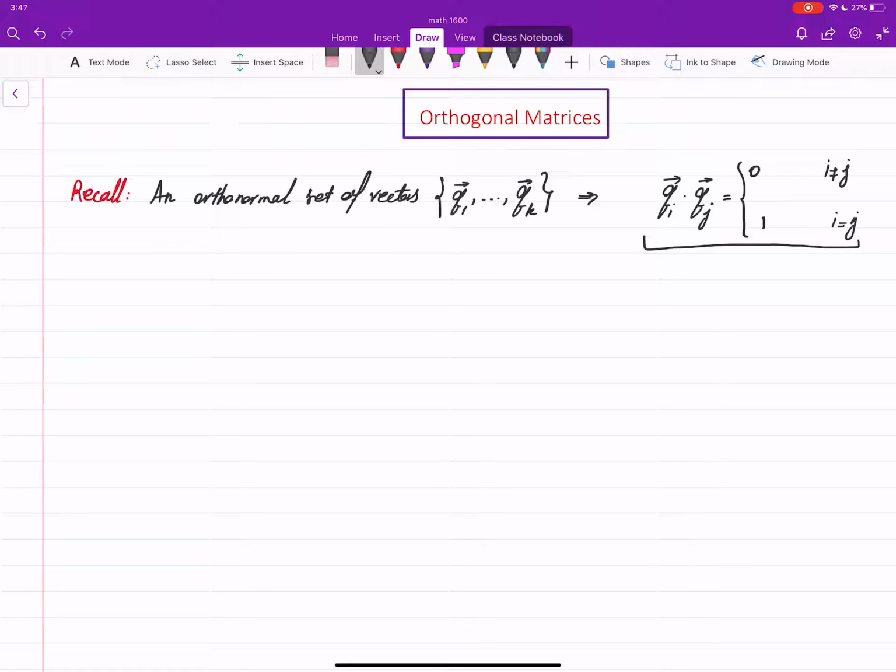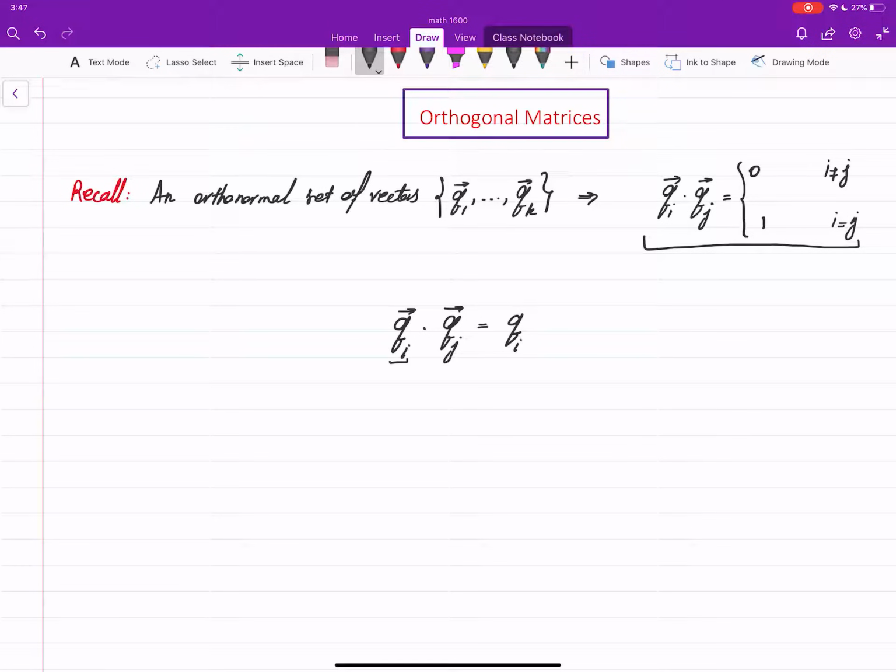To be able to do that, we first note that if I take a column vector and find the dot product of that with another column vector, we can get the same number if we consider Qi as an n by 1 matrix.